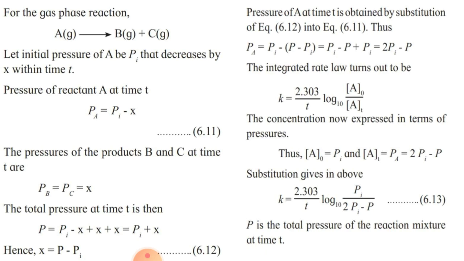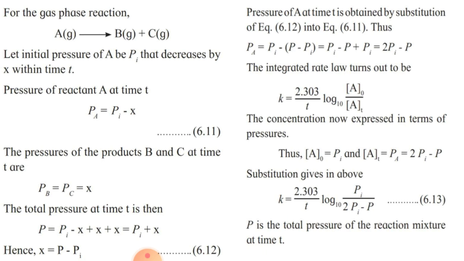It is a very simple reaction. We are supposed to take the initial pressure of the reactant A as Pi, and the pressure of the reactant A at time T will be Pi minus X. Why? Because there is a decrease of X pressure within time T. So your PA is Pi minus X, PB and PC are equal to X. We are taking the total pressure.